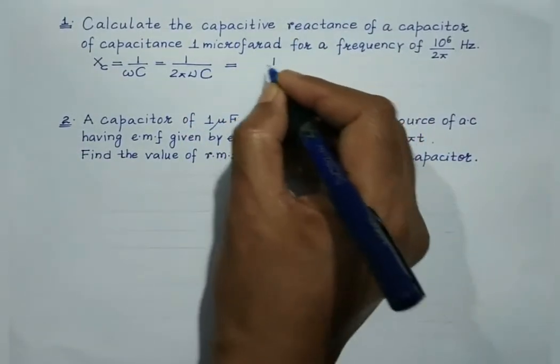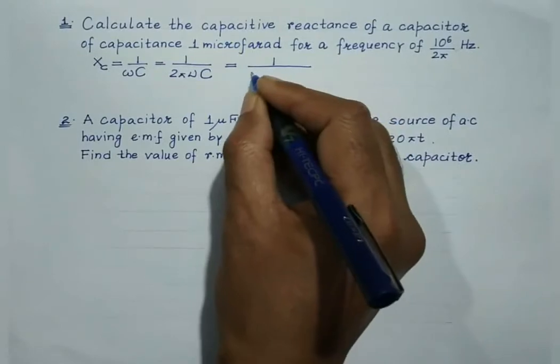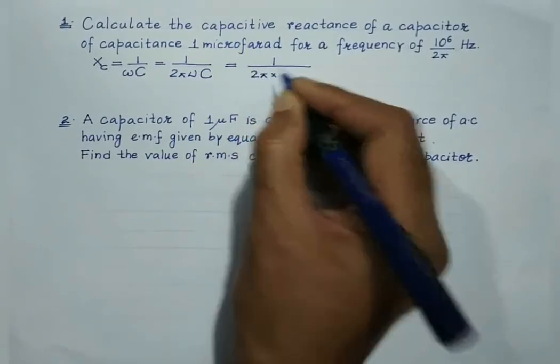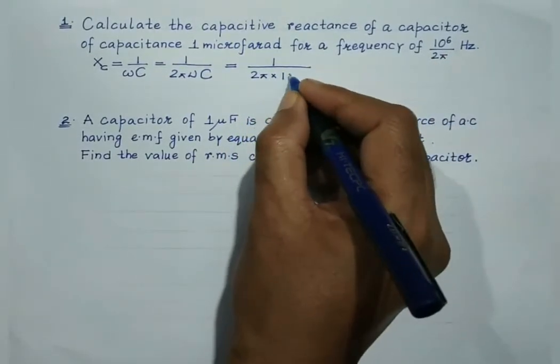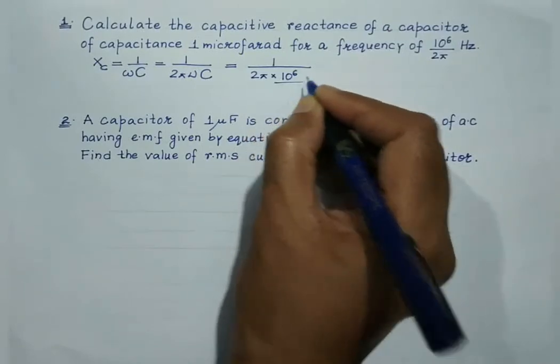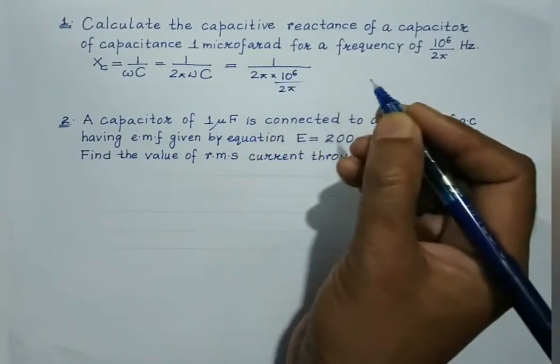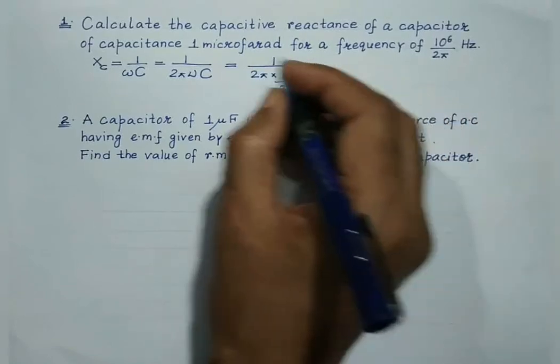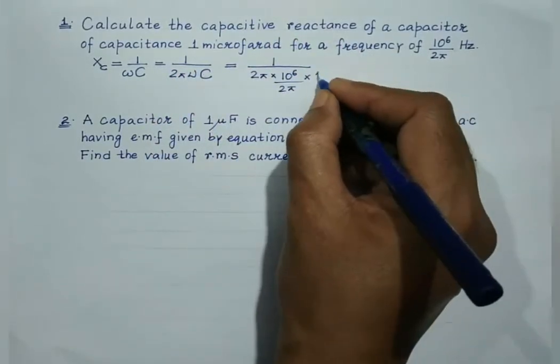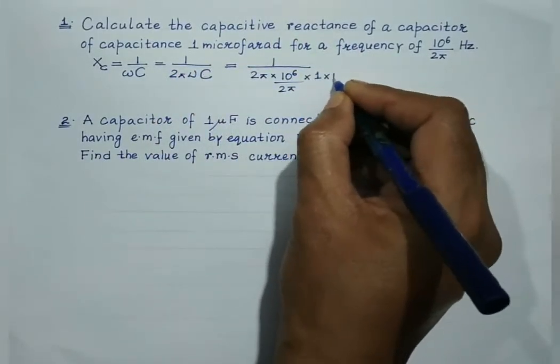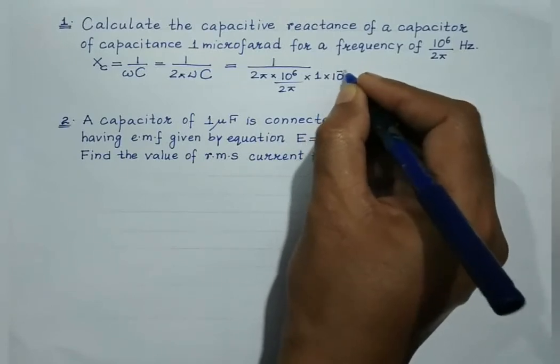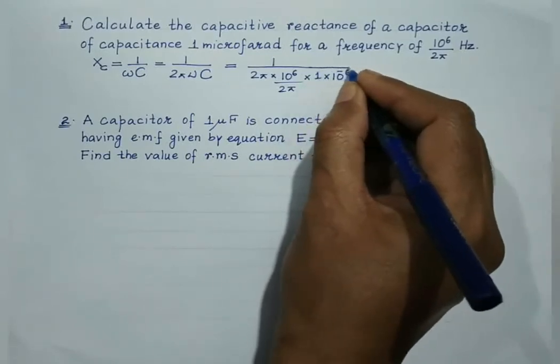So we get 1 divided by 2 pi. Frequency is given to be 10 raised to the 6 divided by 2 pi in hertz. And capacitance is given to be 1 microfarad, so it has to be changed in SI. So 1 microfarad is 1 into 10 to the minus 6 farad. Right?